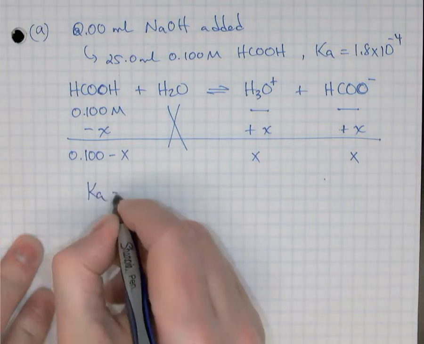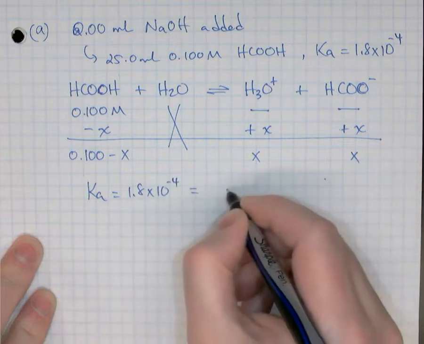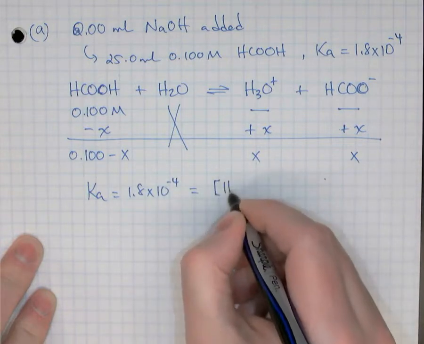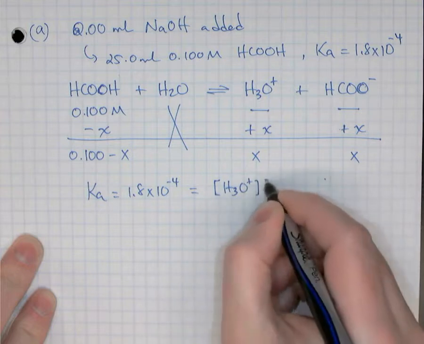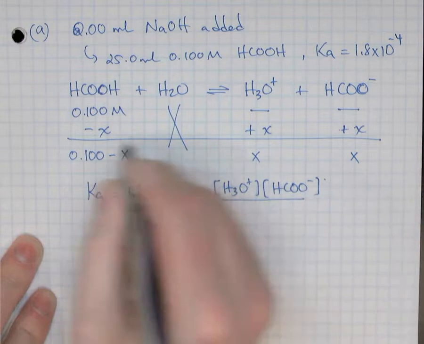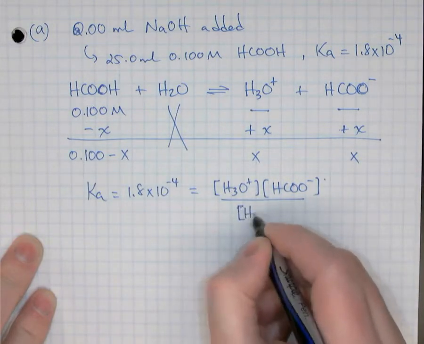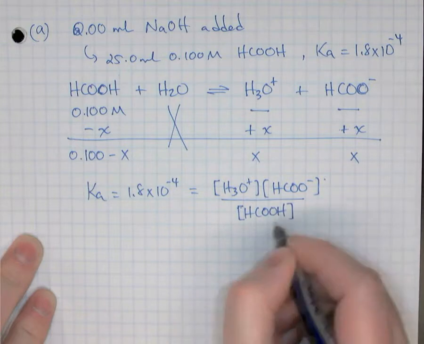The Ka value is 1.8 times 10 to the minus 4. That's equal to the concentration of your hydronium times the concentration of your formate ion.